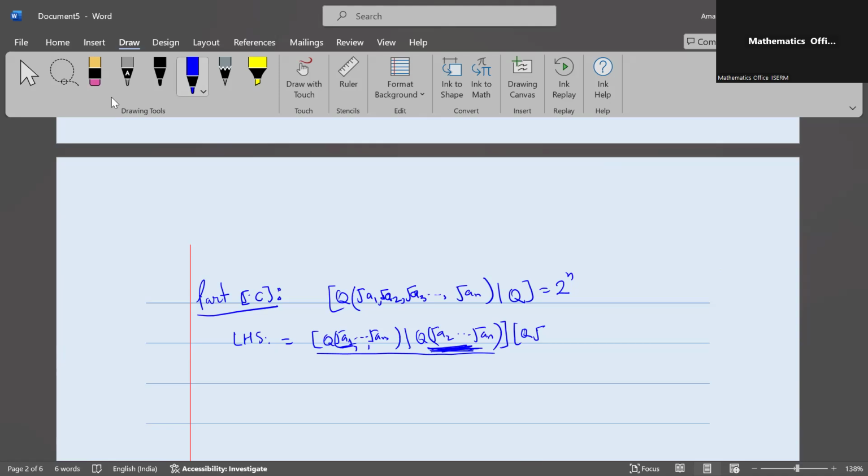Then Q(root A2 to root AN) over Q(root A3 to root AN), and so on.